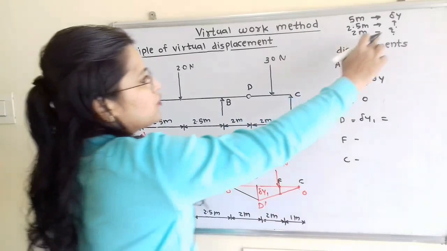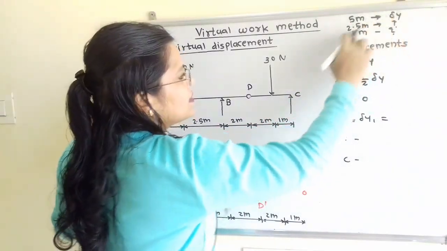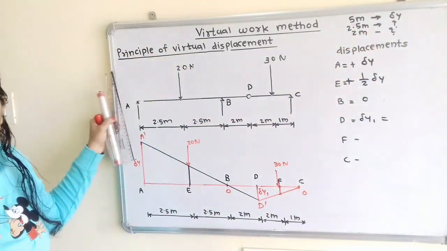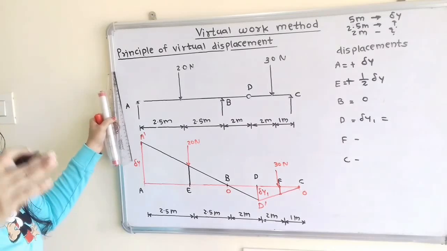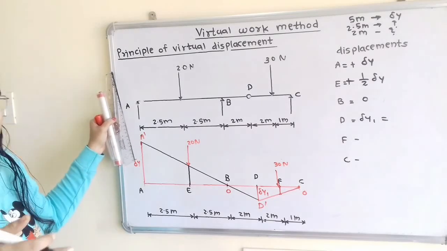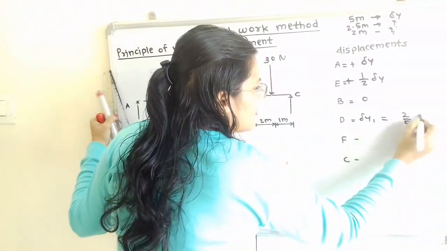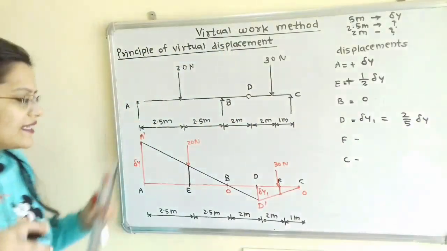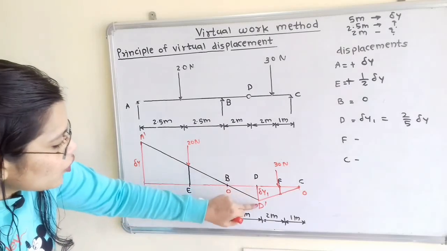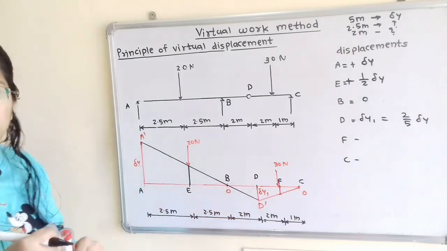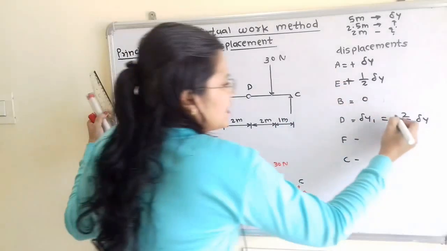So how to write? So here is x. So 5x is equal to 2 into delta y. So x is equal to 2 by 5. So I will write here 2 by 5 delta y. But at this time it is below the original position. So here we will give negative sign.